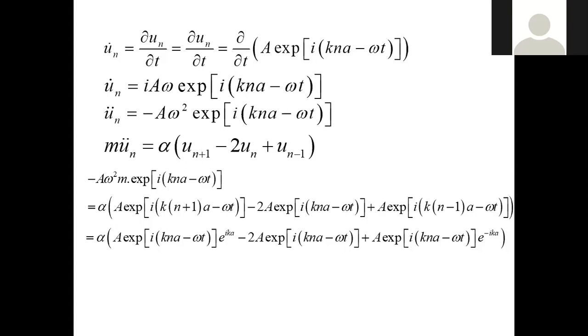So if you simplify this, one term will be i k n a and the other term will be e to the power i k a, that I have written on the right side. Similarly, the second and third expressions. In the third expression, you can see it was n minus 1. So if we simplify this, the product term will come as exponential minus i k a.